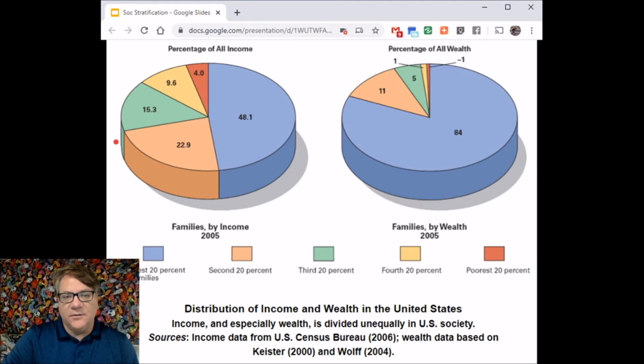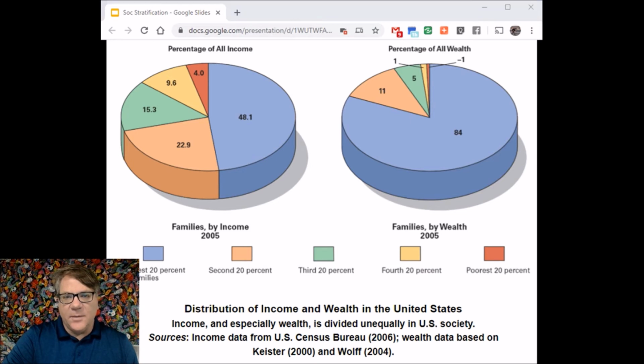You'd have 20% times 5 would make it 100% of a pie. And of course, that's not what we have. This is 2005, okay? And you can see the breakout here. Now, there's a big difference between these two pie charts, isn't there? So here you have income, and here you have wealth, okay?